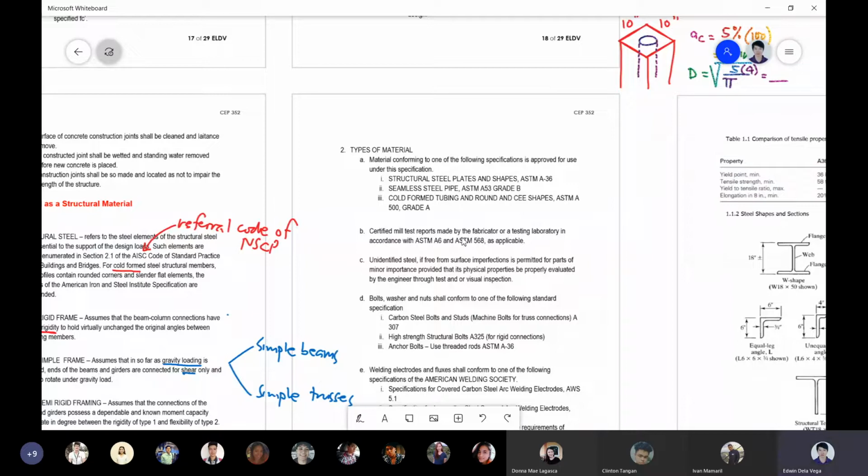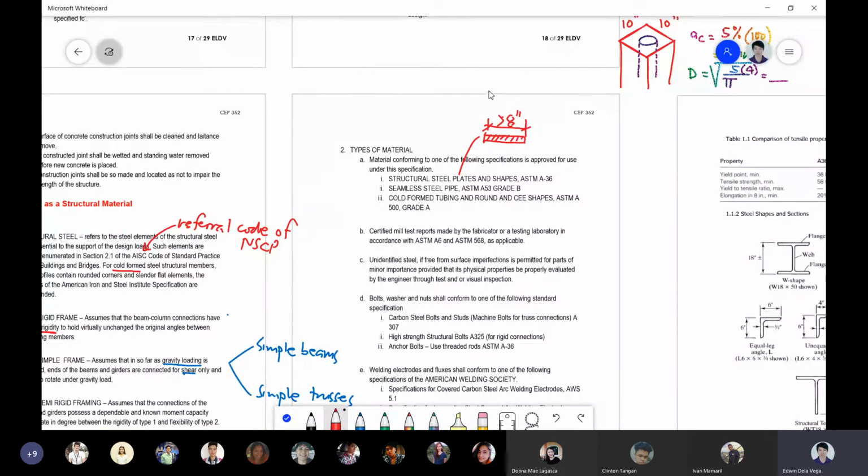Okay, for shapes, normally when you say steel shapes, a plate is flat steel with a width greater than 8 inches. So this is a plate.